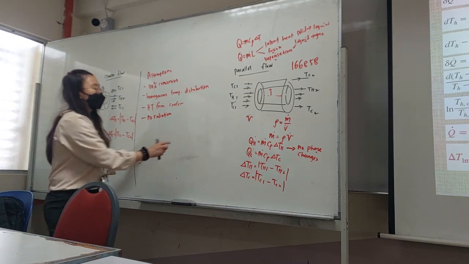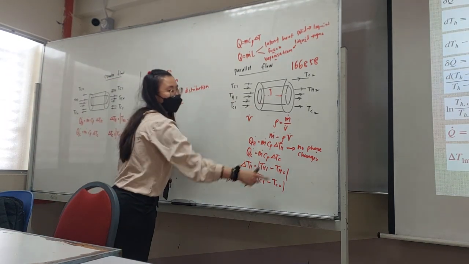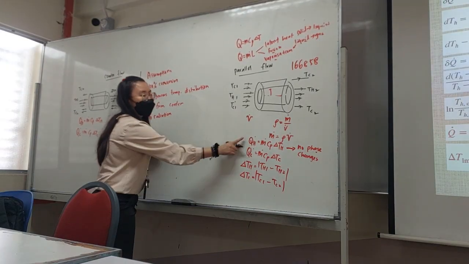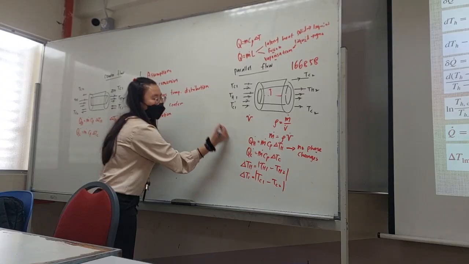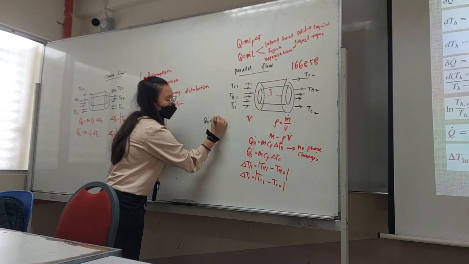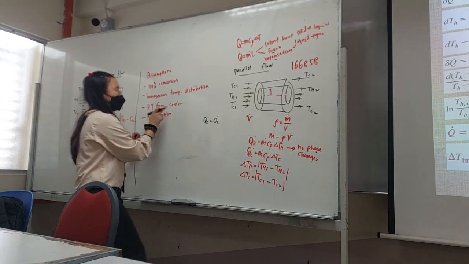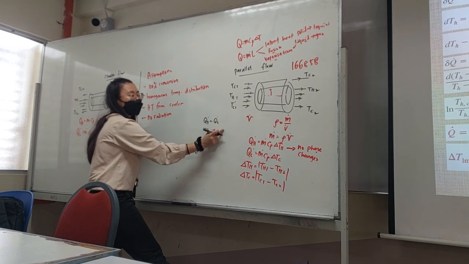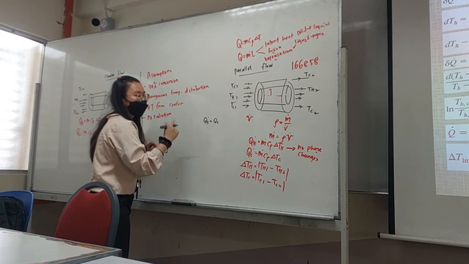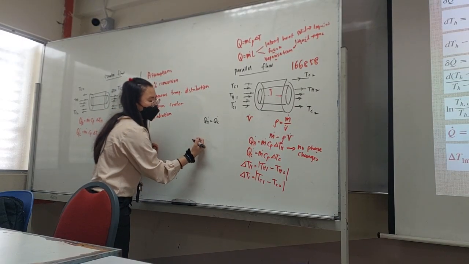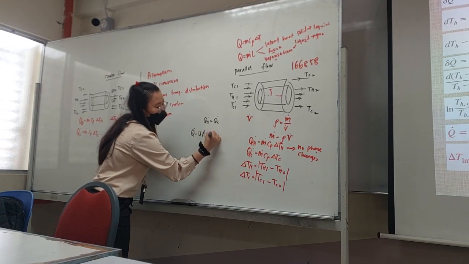Another equation, if the question asks you to calculate the overall heat transfer: with 100% conversion, supposedly QH and QC will be the same. If the question asks you to calculate the overall heat transfer coefficient, which is the U value, your Q value equals U A delta log mean.